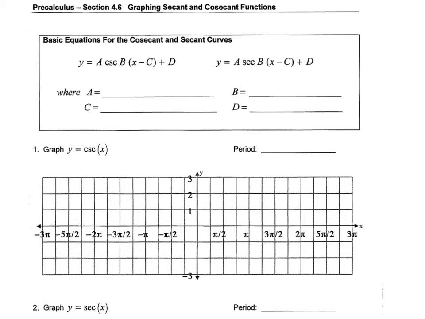Just like we saw with sine and cosine in 4.5, A is going to be our amplitude. B is going to be our period, and when we're working in radians, we can calculate our new period by taking 2 pi divided by b.